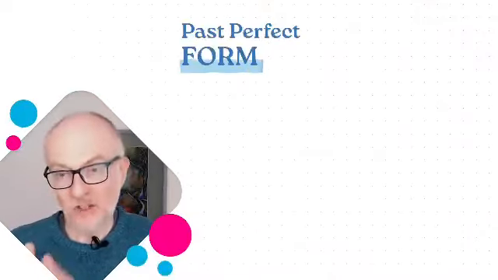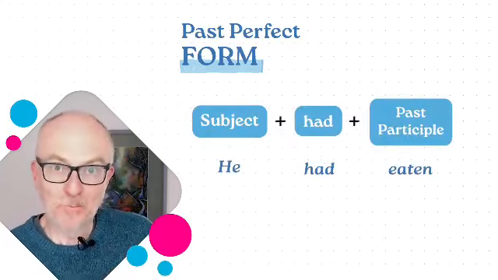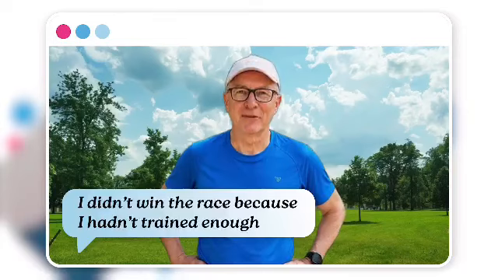That second past explains the reason in the past, looking at it from today. The form is subject plus had plus the past participle. Here's another example. I didn't win the race because I hadn't trained enough.